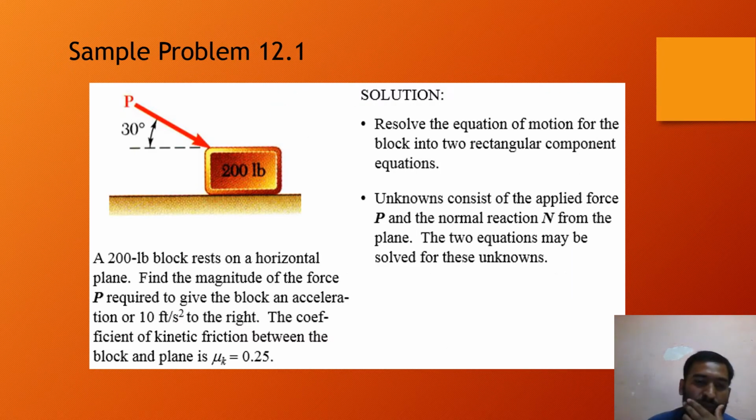Here is a problem. Sample problem 12.1. The problem is here: a 200-pound block at rest on a horizontal plane. Find the magnitude of the force P required to give the block an acceleration of 10 feet per second squared to the right.